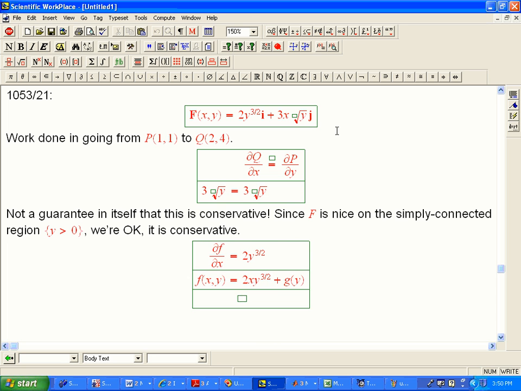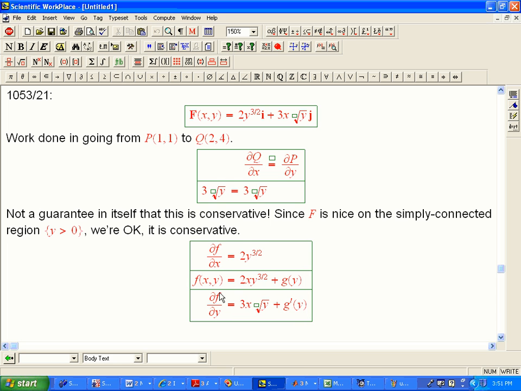Then I check: given that more precise version of f, what is df/dy? That's going to be 3x root y plus g prime of y.